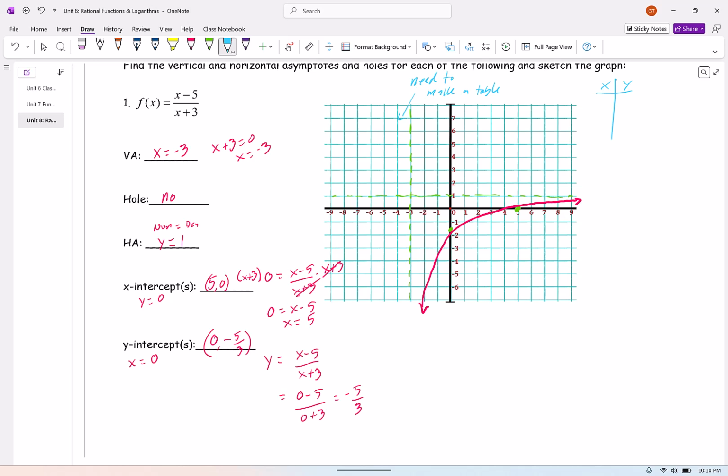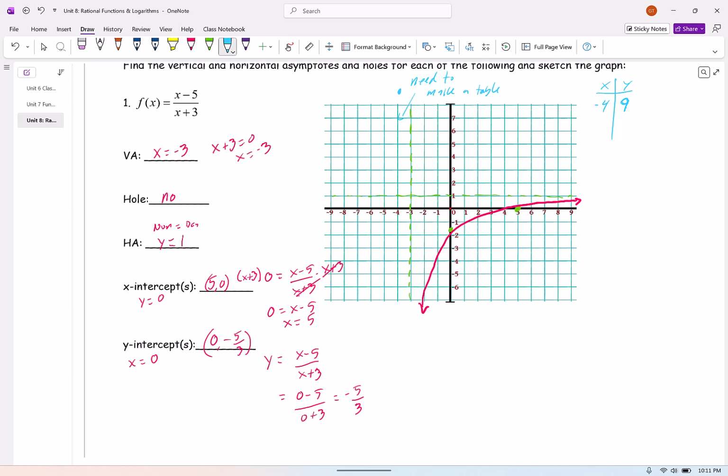So if I put in negative 4 for x, negative 4 minus 5 gives me negative 9, and negative 4 plus 3 gives me negative 1. So I got negative 9 over negative 1, or just 9. So I'm going to have a point of negative 4, 9, up here.